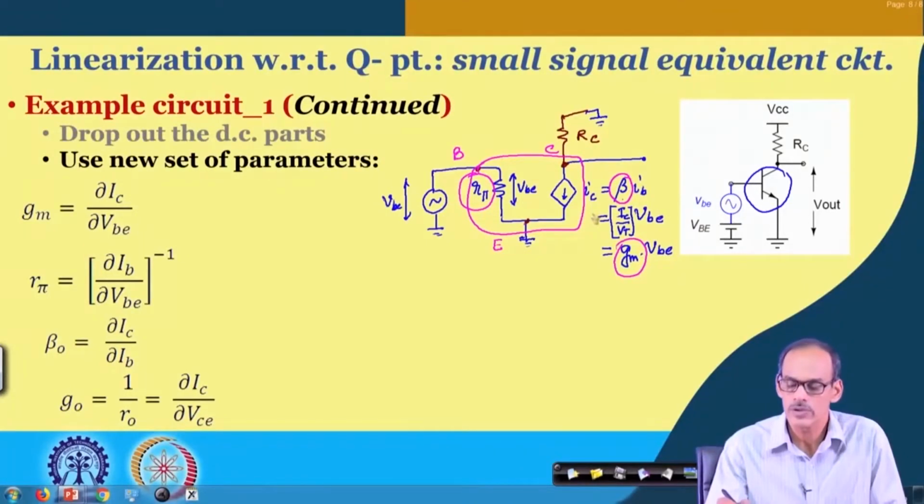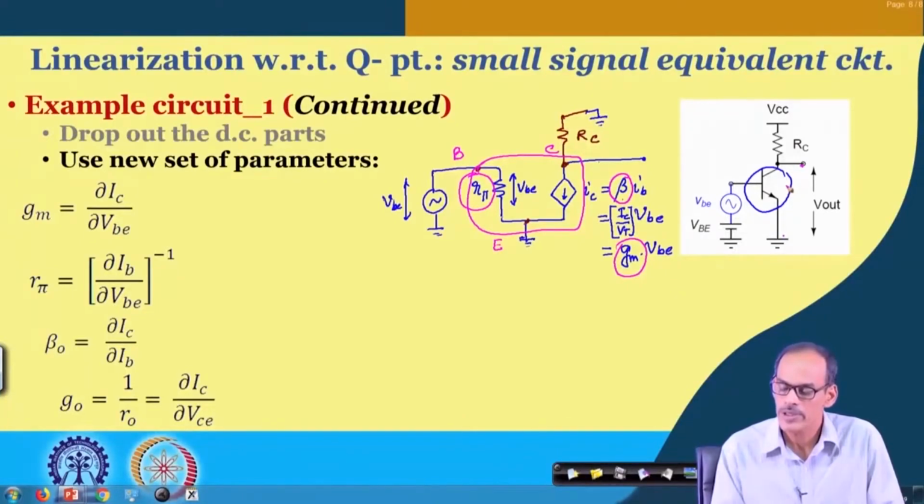So far we are ignoring the Early voltage. In case we consider the Early voltage, then depending on the voltage at the collector, there will be some variation of the collector current. Namely, based on the V C variation, we may have some variation in the collector current. If you consider that part also, then across this current source there will be another conducting element going to the emitter.